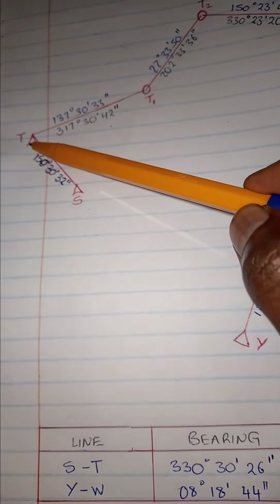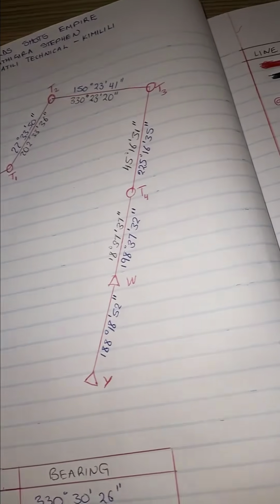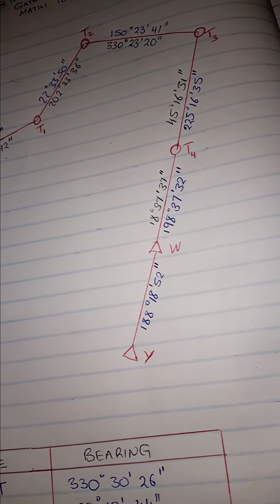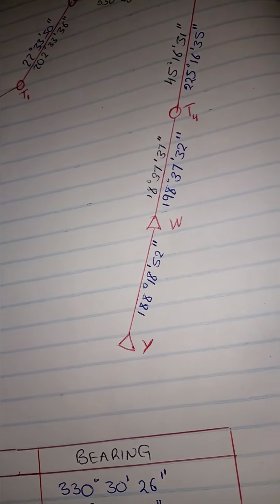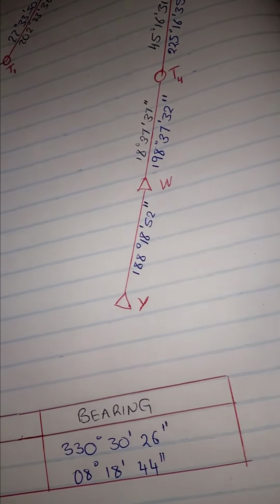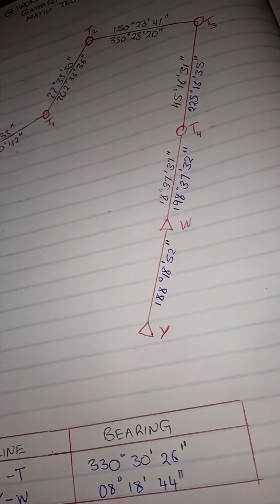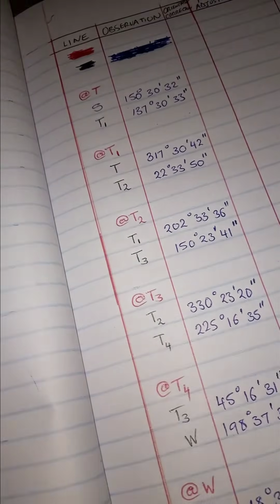These are the control points: T, T1, T2, T3, T4, W, and from W, the last station, in reference to point Y. These are the values that I have written here on my bearing sheet.